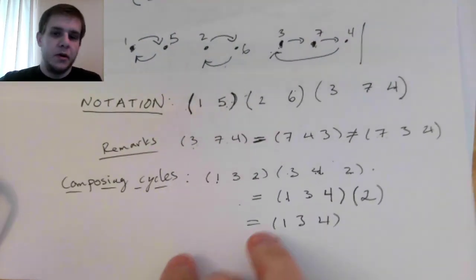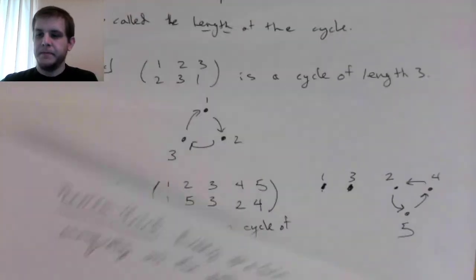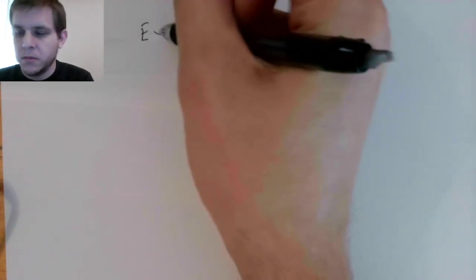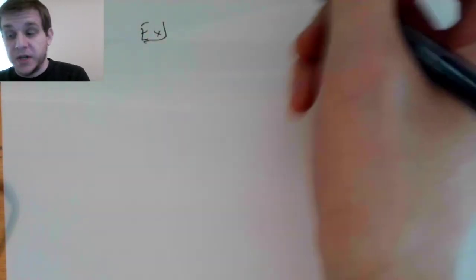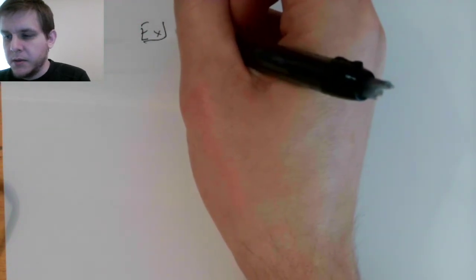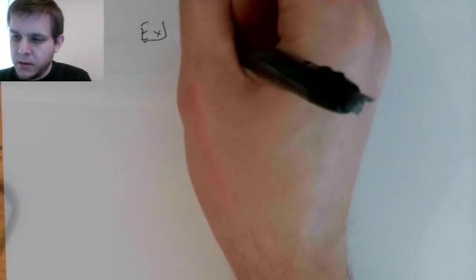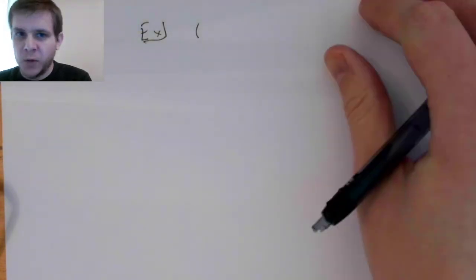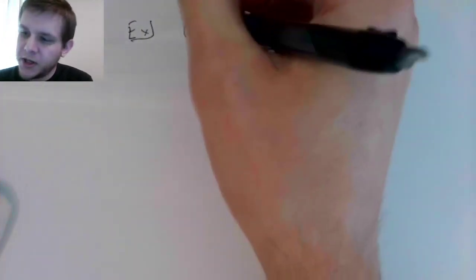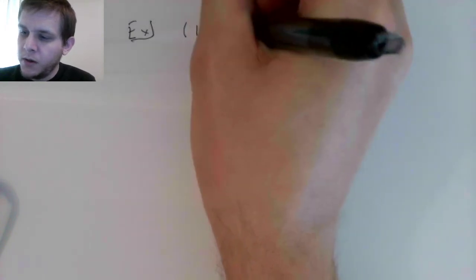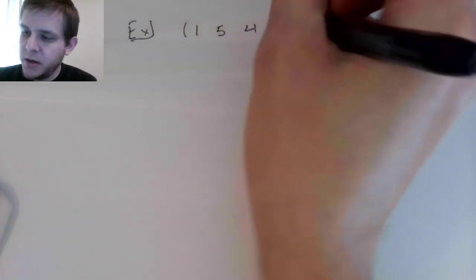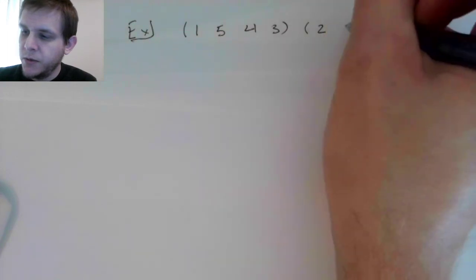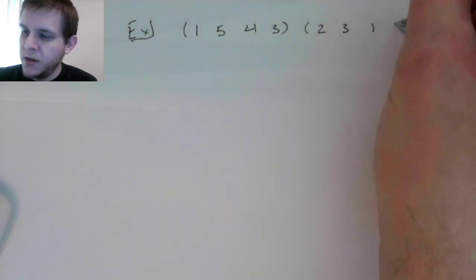Let's do one more before we wrap up for the day. So, example, let's say that I wanted to write, using cycle notation, the product of 1, 5, 4, 3 and 2, 3, 1, 6.